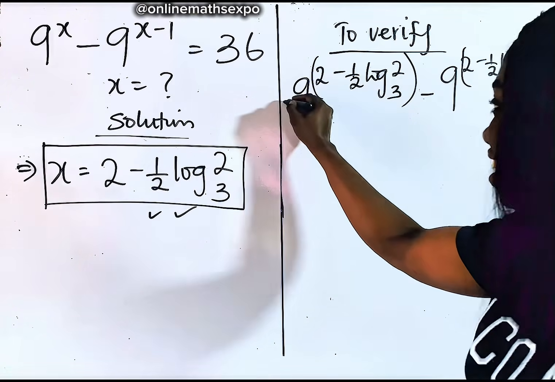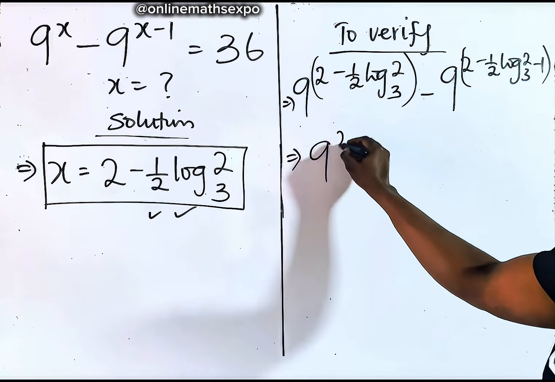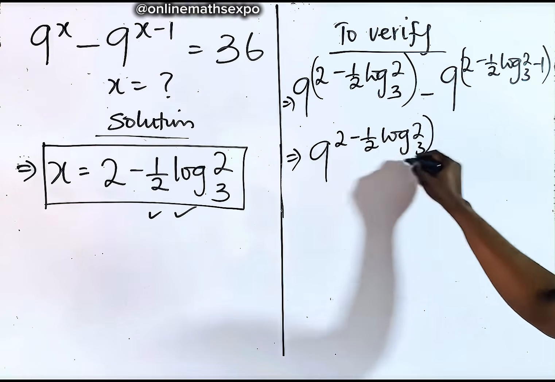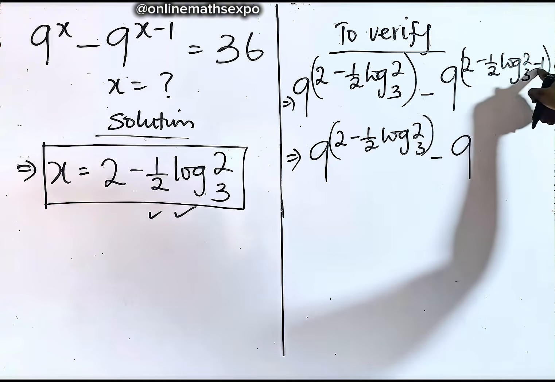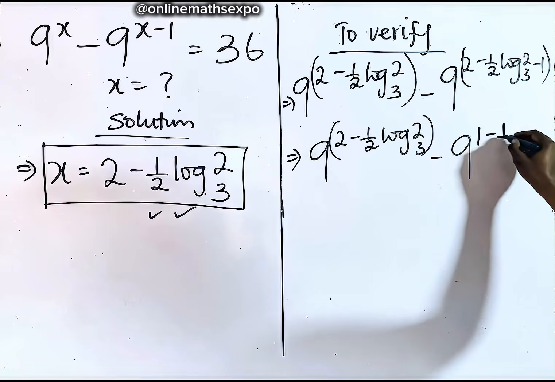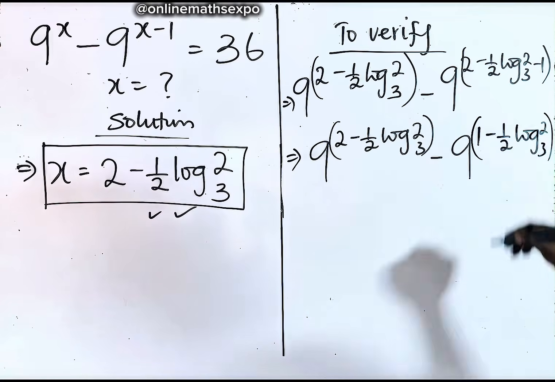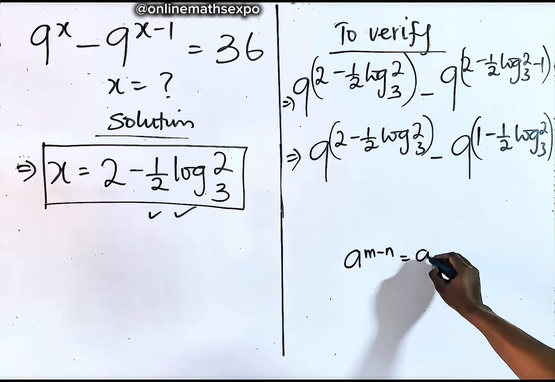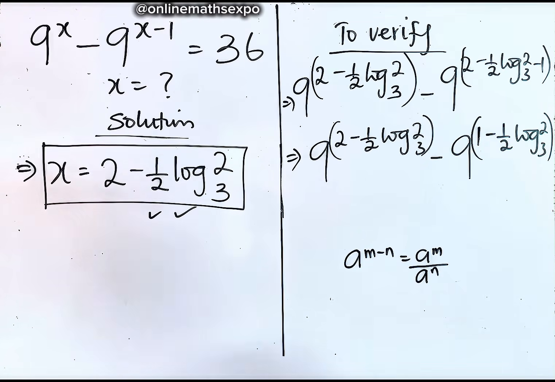Let's see to that. So we're going to have 9 to the power of 2 minus half log 2 base 3 minus 9. 2 take away 1 gives us 1. So this is what we have. Now keep simplifying this. Remember, for every a to the power of m minus n, it is a to the power of m divided by a to the power of n.